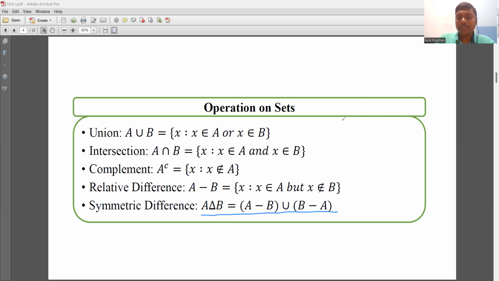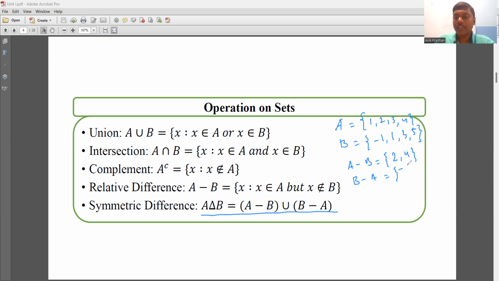So for example, if I consider A equal to 1, 2, 3, 4, and B equal to -1, 1, 3, 5, then A minus B is the set of all elements of A which do not belong to B. So I can see there 2 and 4.